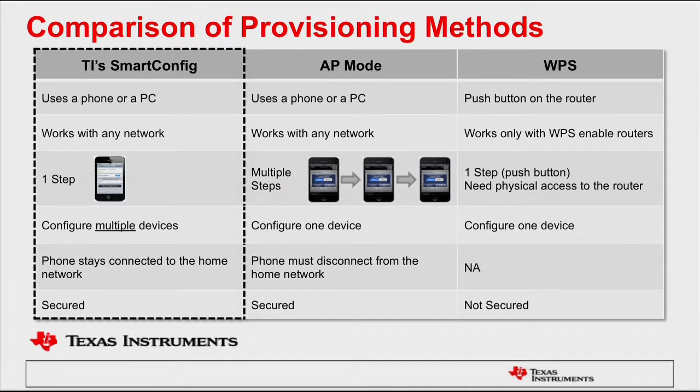All right, how about how many steps? I think about my mom buying a smart plug, or my grandmother, and they're not going to want to go through a whole bunch of steps and connect and disconnect and do things like that. That's part of the major differentiation. Smart Config is really one step. Some of the other solutions like AP mode are going to be multiple steps. WPS is also one step, but again, you go back to needing that specific kind of access point.